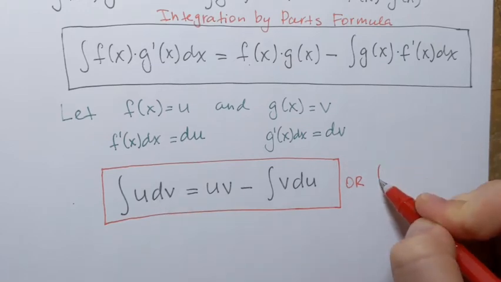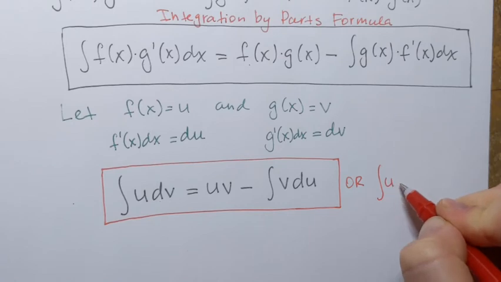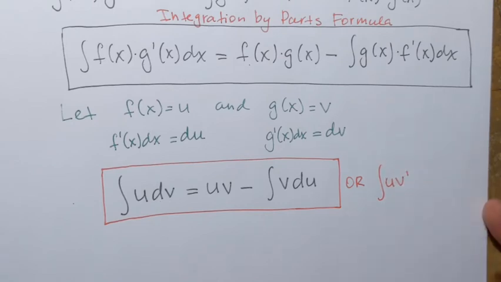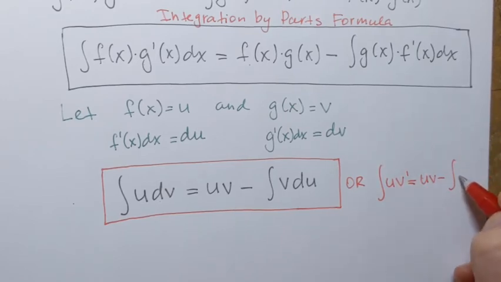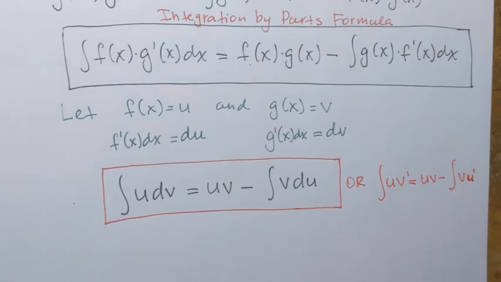So in other words, the formula will look like this: the integral of u v prime equals u times v, minus the integral of v u prime. Okay, so that's another way to write that formula.